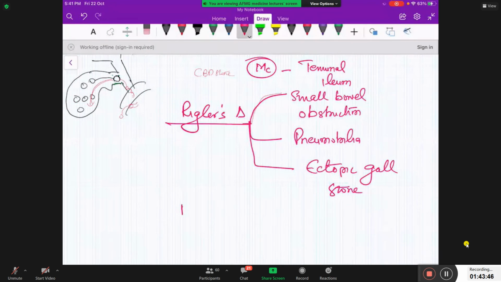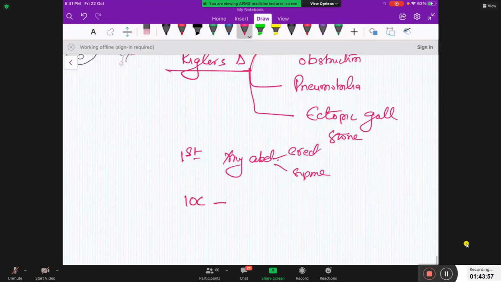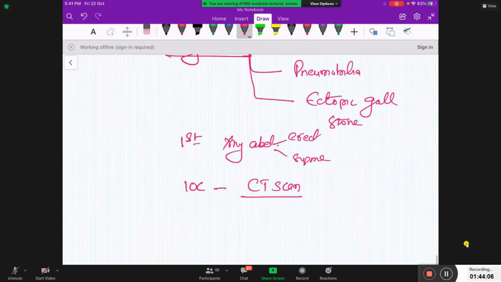The first investigation here is X-ray abdomen, erect and supine, and the investigation of choice for gallstone ileus, checked many times in exam, is CT scan. First investigation is X-ray abdomen, erect and supine. Investigation of choice is CT scan, right?